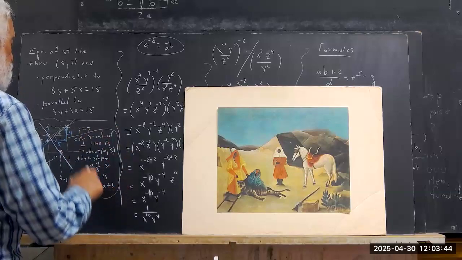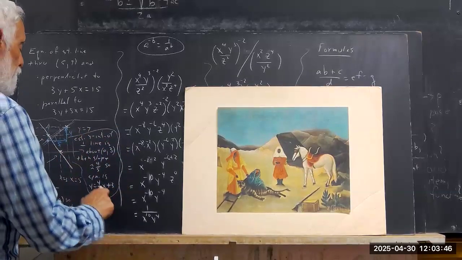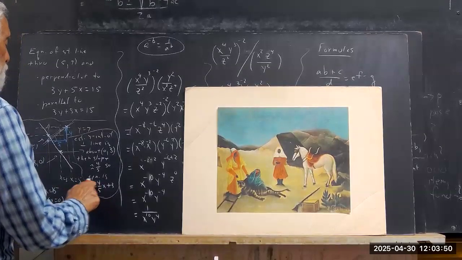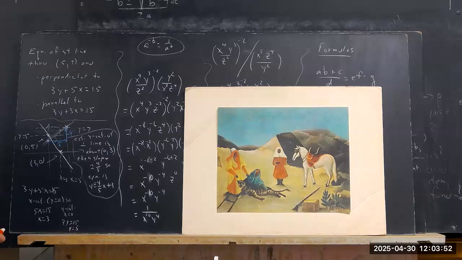Now this is all by estimate from the graph. So I'll say y is approximately equal to 4/5 x plus 3. Make sense?